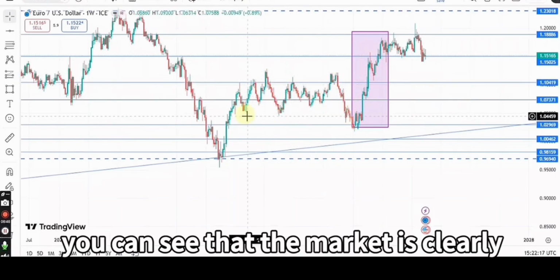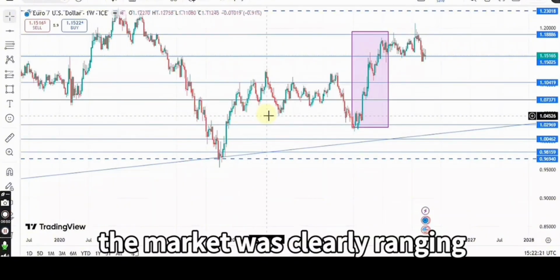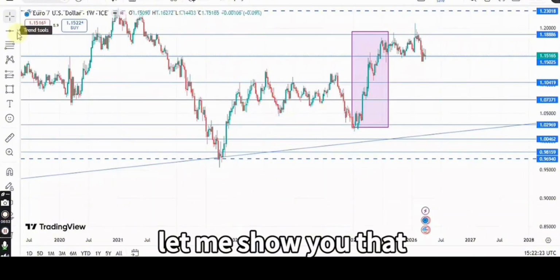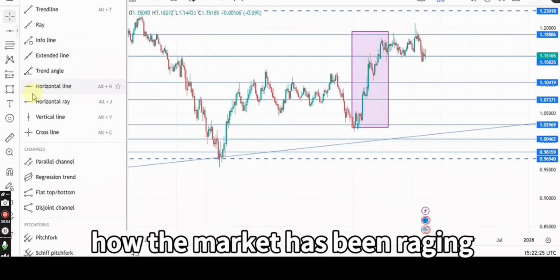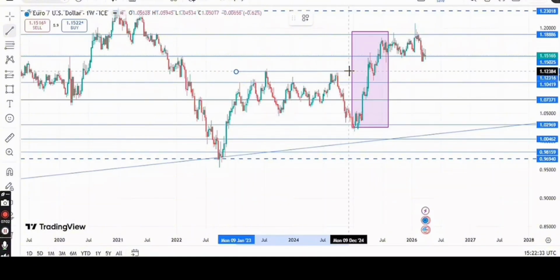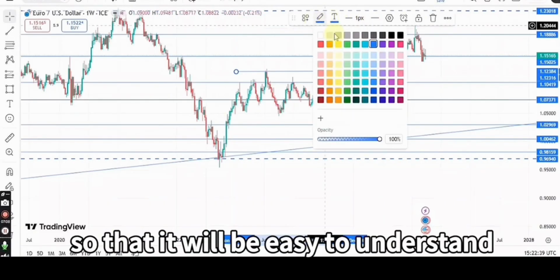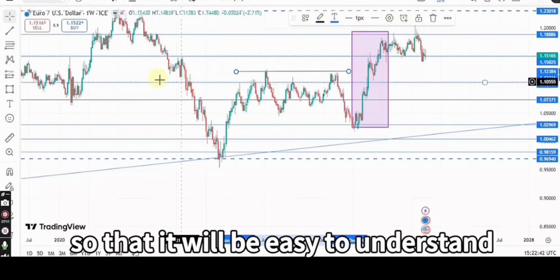You can see that the market was clearly ranging. Let me show you how the market has been ranging. Okay, look at this. I will change this to black color so that it will be easy to understand what I'm doing.